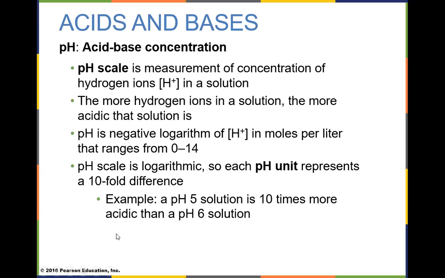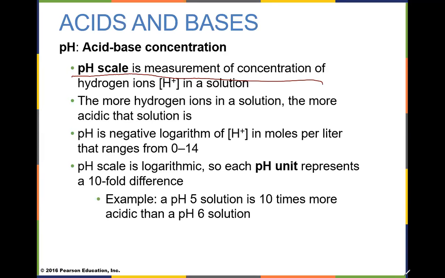Now we can measure the acidity, the acid base level in our bodies. And I'll tell you that our body tends to want to stay right about a pH of 7.4. The pH scale is a measure of hydrogen ions.